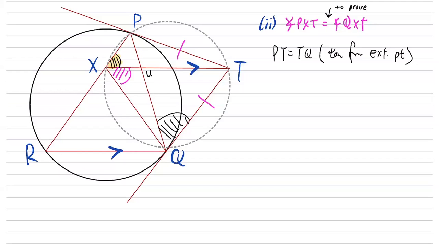If you pause a while and take a look at the diagram, you realize PT and QT are equal in length, which means that, hey, there's a triangle here. What kind of triangle is this? Isosceles triangle, all right? So that means we have base angles equal. So we can conclude from there that these two angles are equal.